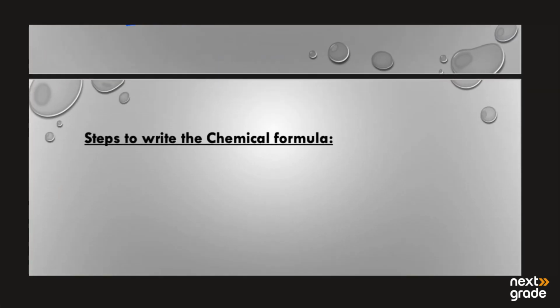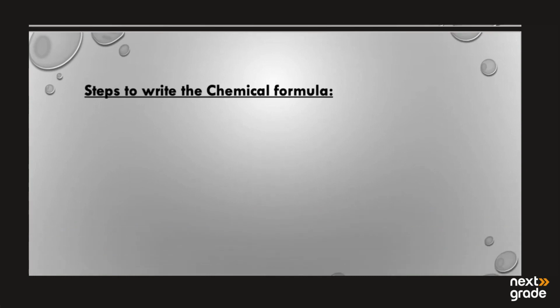After that, the third rule for the chemical formula is that the valency of each ion must be brought to the lower right corner.